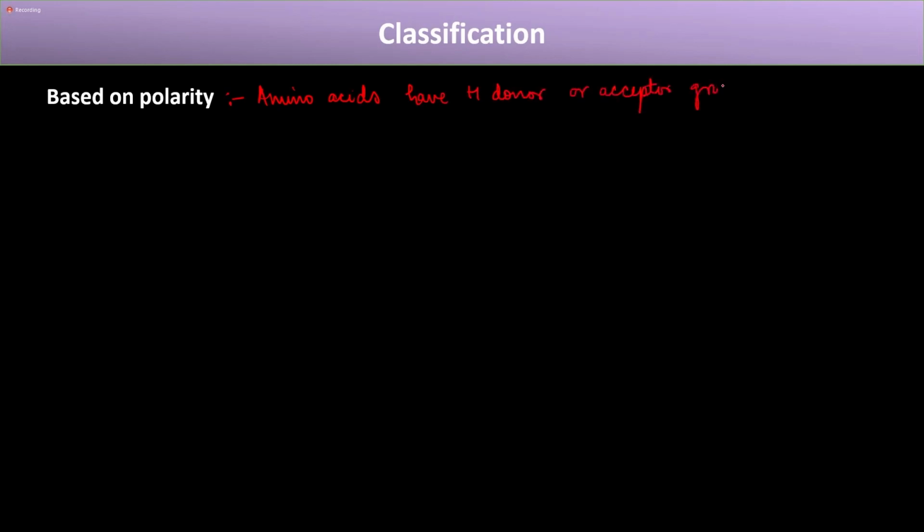Suppose it has a negative charge, what will it do? It will take the hydrogen from the solution, so it will become a hydrogen acceptor. Or suppose it has a positive charge, then it will remove the hydrogen from its group, and hence it will become a hydrogen donor. Based on that, there is a polarity of that amino acid.